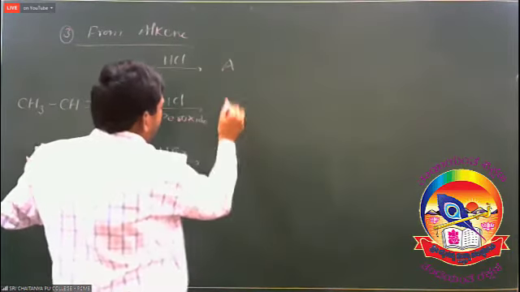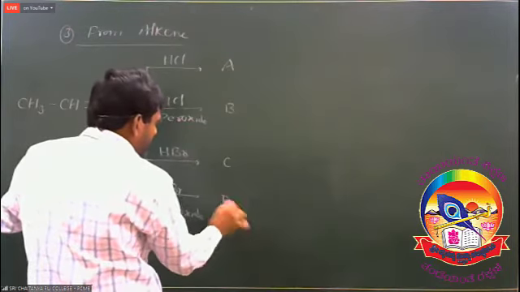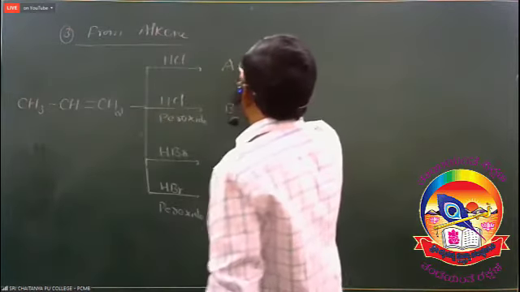Here the product formed is A, here B, here C, here D. All are major products.